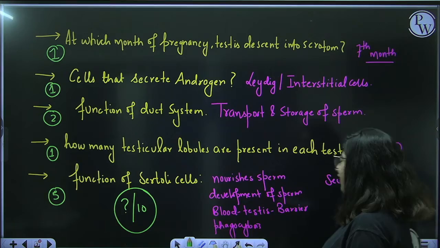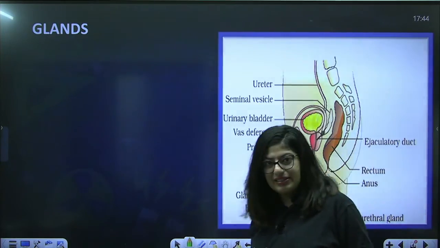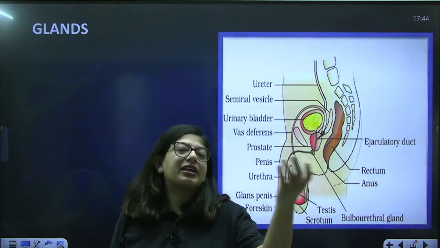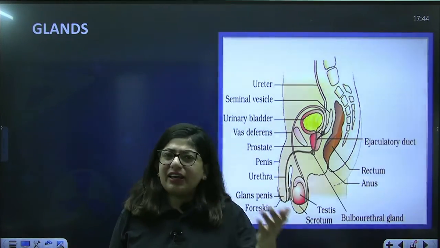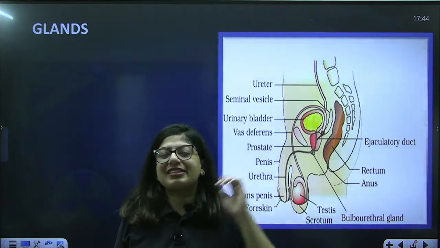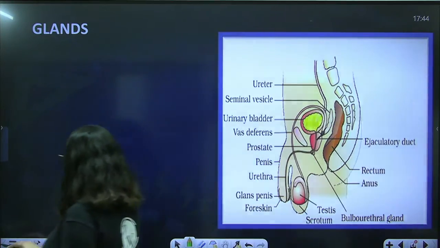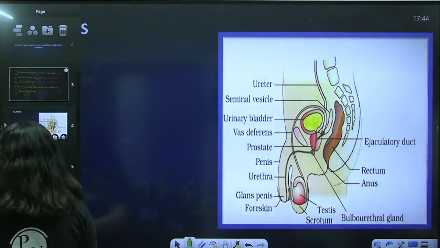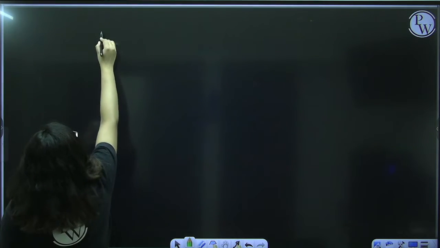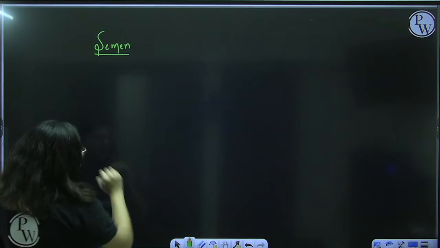Okay. Alright. So let's get started with today's topic, which is glands. So glands, what are glands? Glands are something that secretes something. Just like you have salivary gland that secretes saliva. Now in males, there is a fluid that comes out after sexual intercourse.